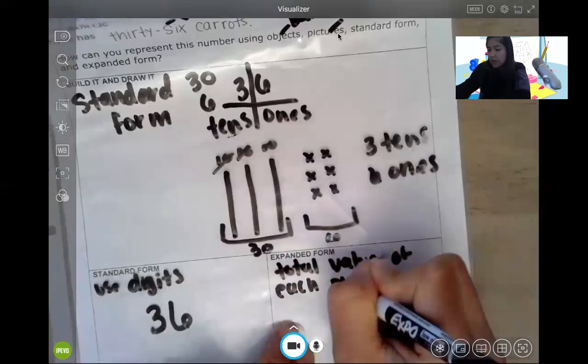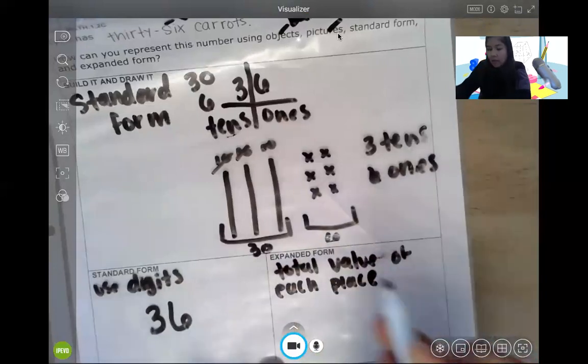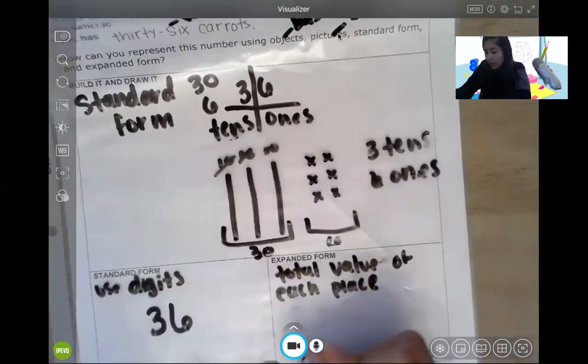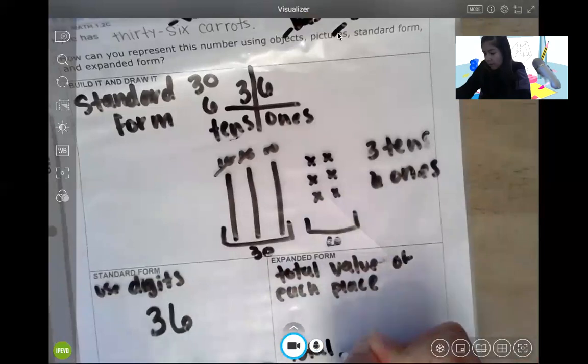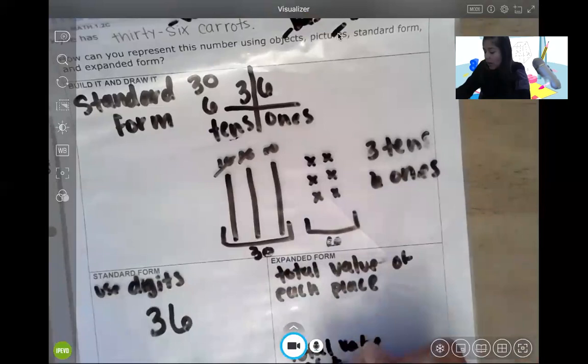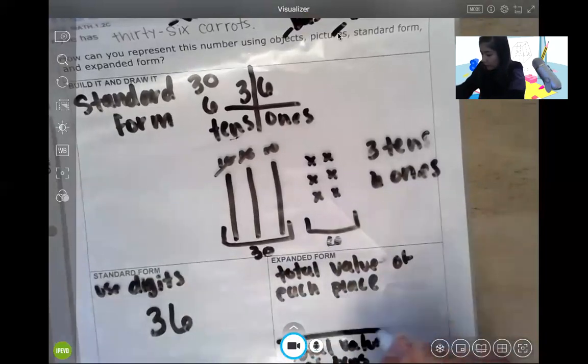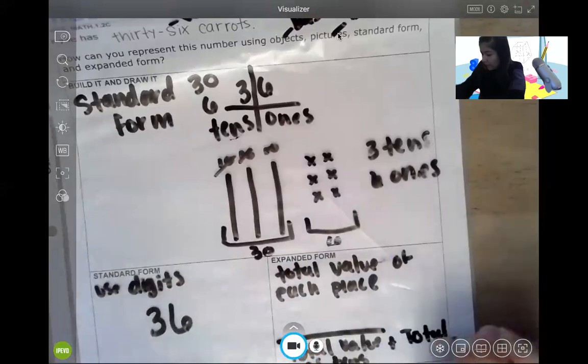In this case, my 2 place values are tens and ones. So I put the total value of tens plus the total value of ones.